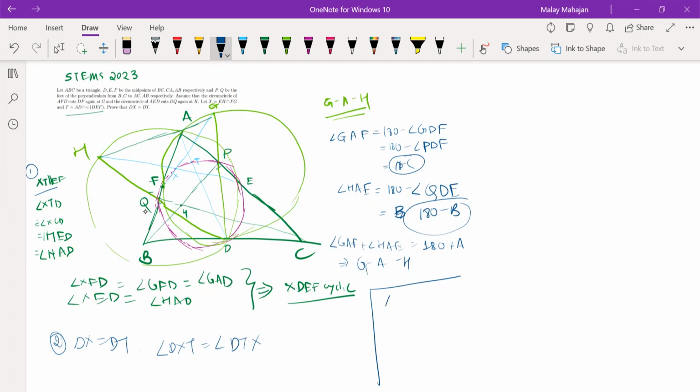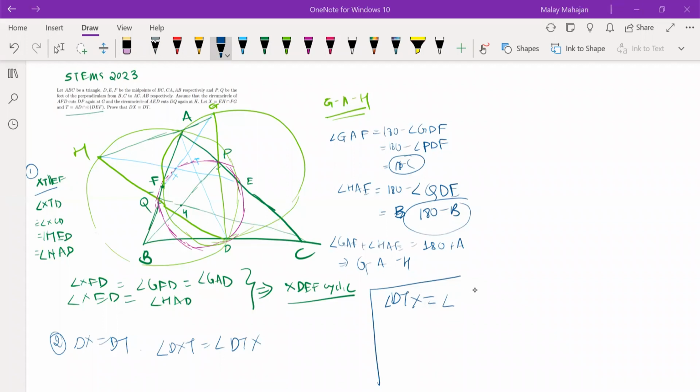Okay, I guess we can do this. I haven't calculated it again, but angle DTX is, from that angle chase we did, angle HAD. Okay, but actually not sure.